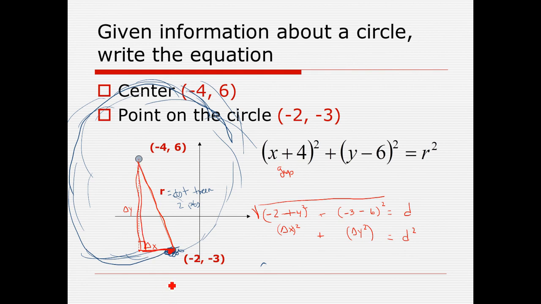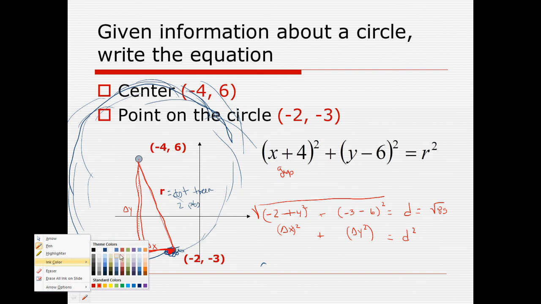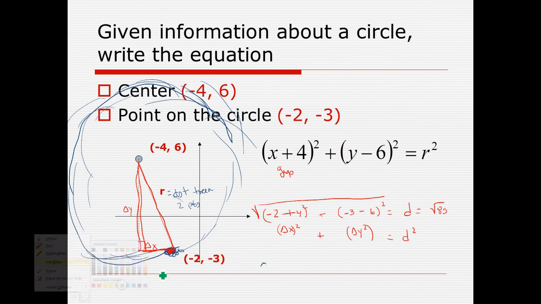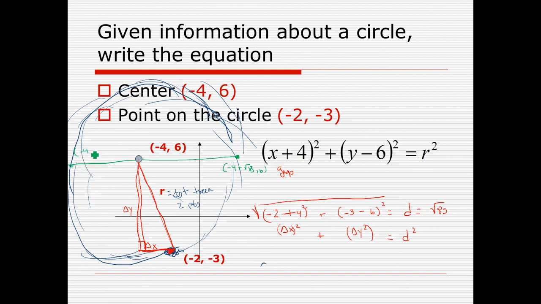It all comes together. Anyway, of course, what would you get out of this? You would get the square root of 85, which is your radius, and you know your radius, to label this, you would go out here and say this is -4 plus root 85, comma 6. And this point would be -4 minus 9-ish, comma 6.